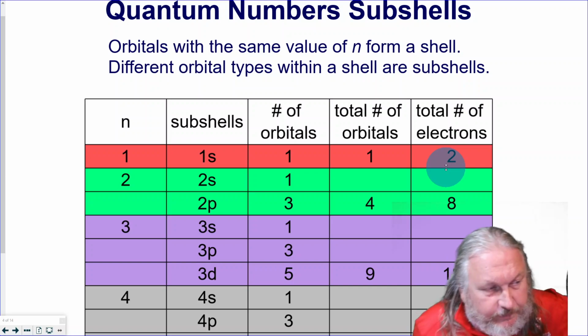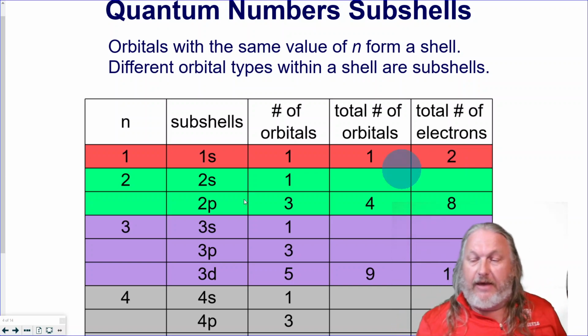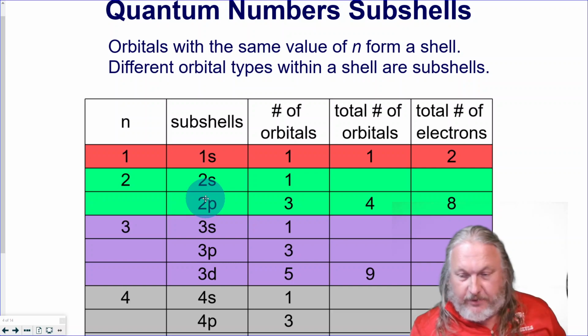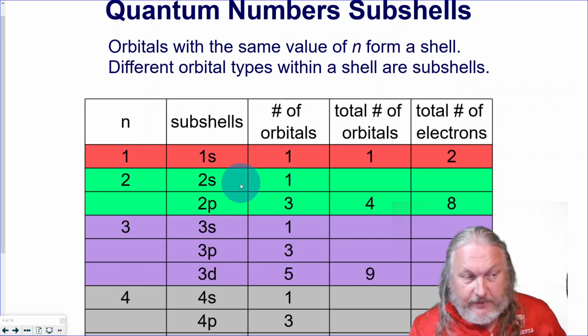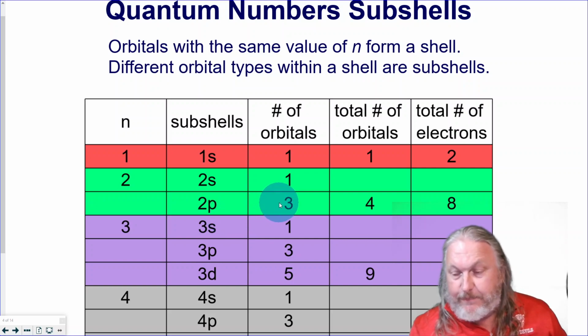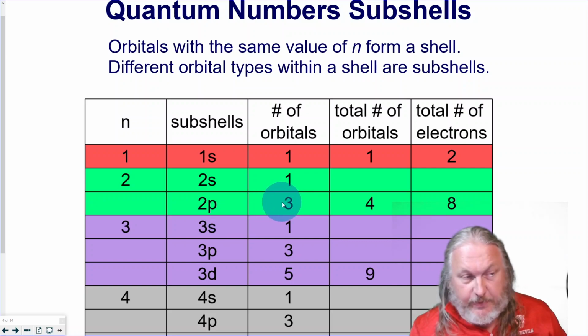Now n equals 2. n equals 2 can have a 2s orbital subshell, or it can have a 2p subshell. Now there's only one orbital in the 2s. There's 3 possible orbitals in the 2p subshell. All right.